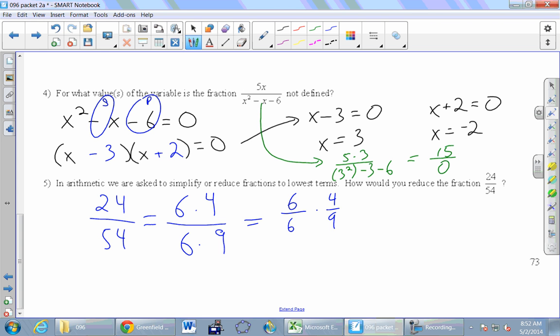And the reason you should believe that's okay is that if I gave you this finished thing and I said multiply, well, how do you multiply fractions? Just straight across. And that's exactly where it came from, right? It's kind of a weird way to write it, but it's valid. And then I'm going to look at 6 over 6 and say, oh, what is 6 over 6 really equal to?